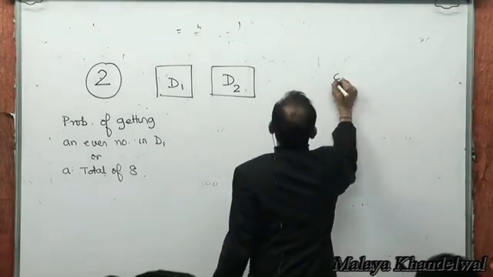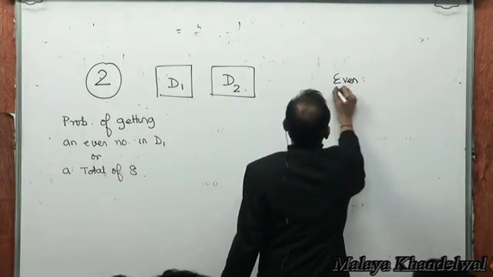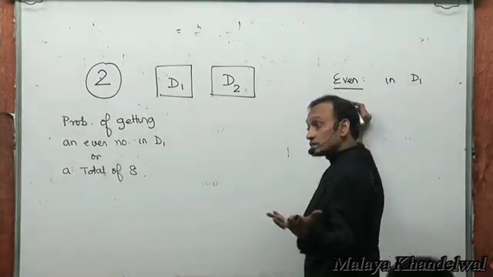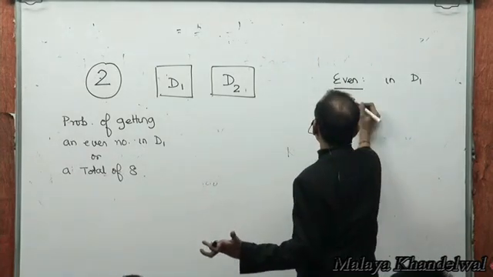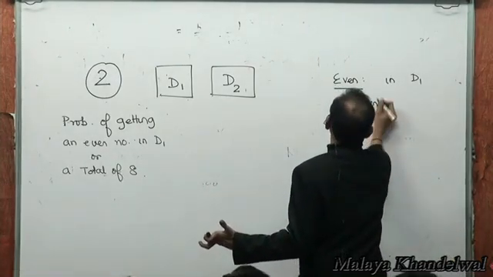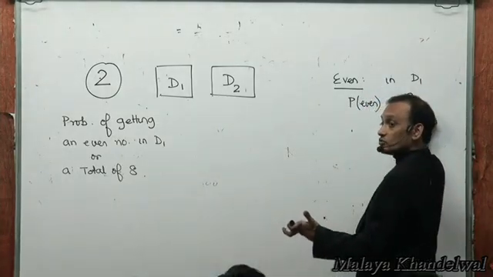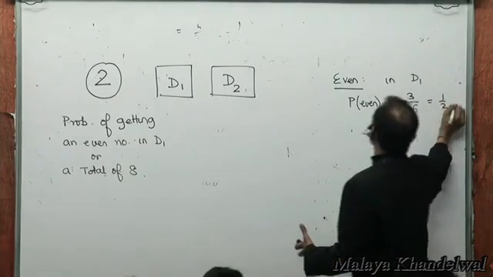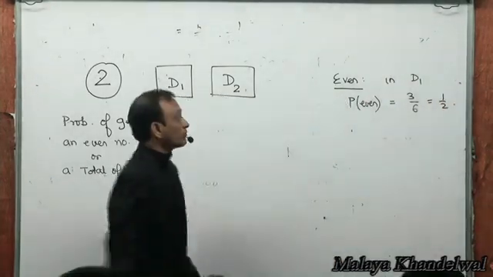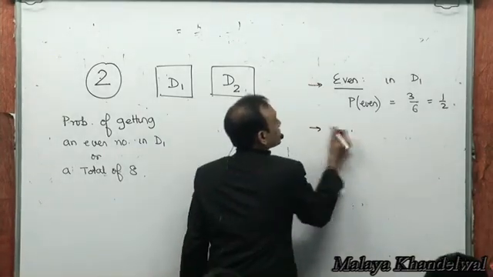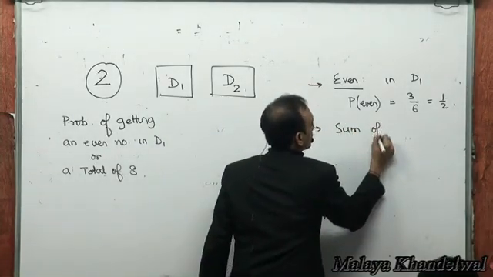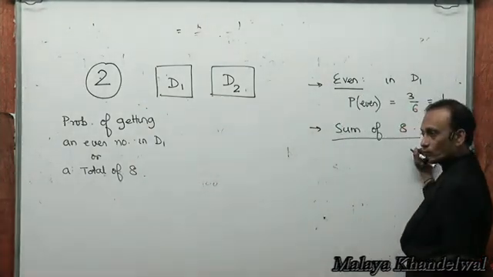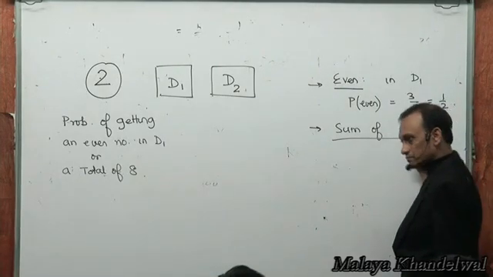So now, even number in D1 is like 3 by 6. The required probability of getting an even number is going to be 3 by 6. Yes or no? There are 3 even numbers out of a total 6, so that makes it half. Or sum 8.